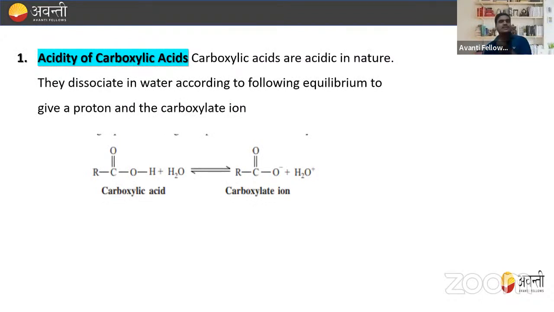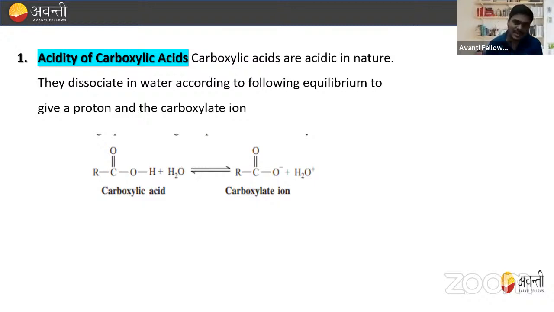Now, let's see some features of carboxylic acid, that is the acidity of carboxylic acid. What does the acidity of carboxylic acid mean?